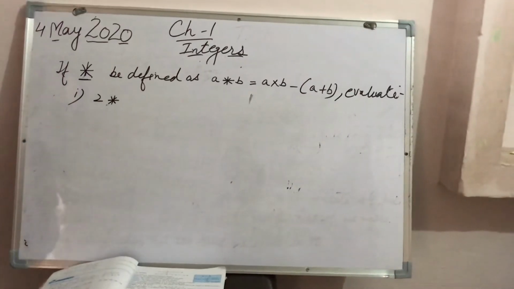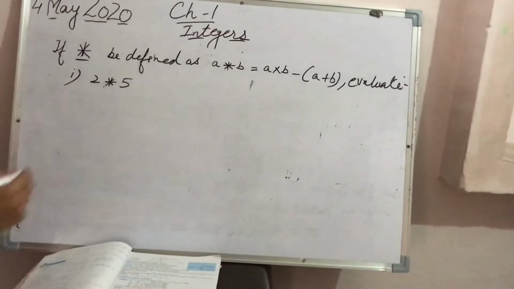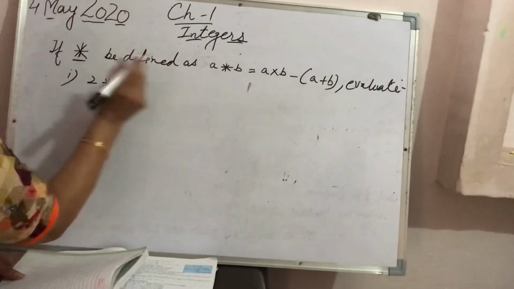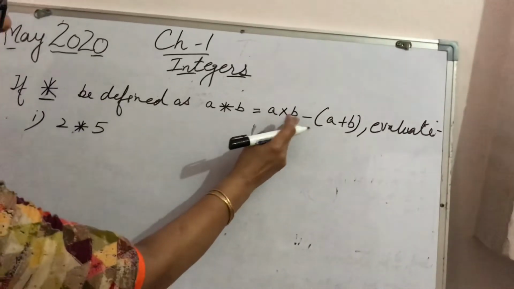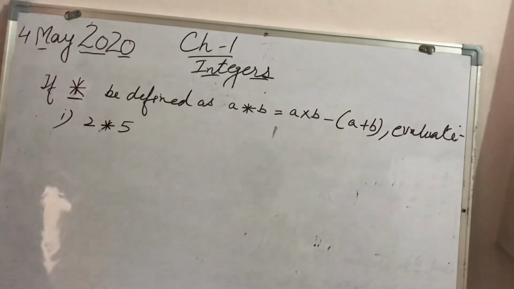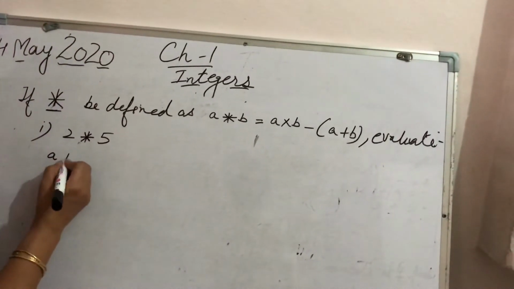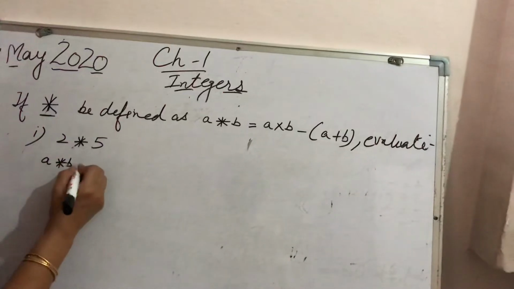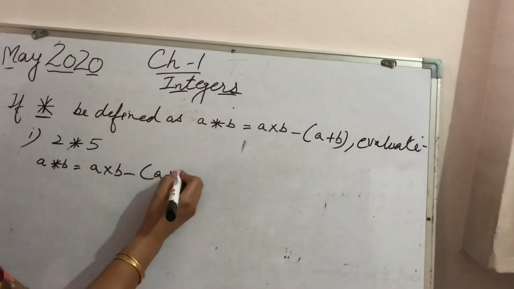This sign is given 2 and 5. So this sign means a multiply b minus a plus b. So we'll replace the values. This equation is given: a ∗ b is equal to a multiply b minus a plus b.